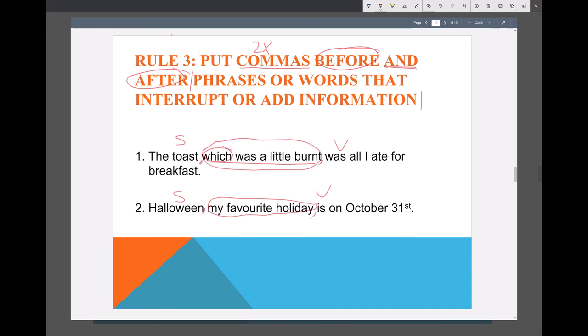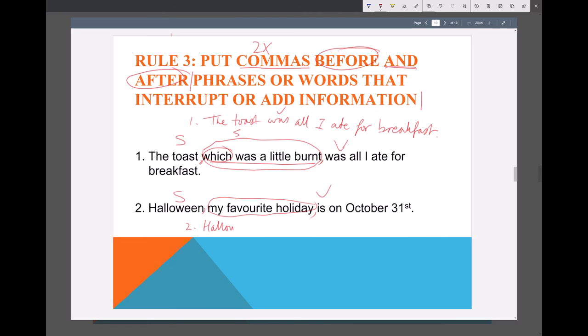For example, number 1: the toast was all I ate for breakfast. Right? So you have subject, verb, and then the rest of the sentence. That's number 1.